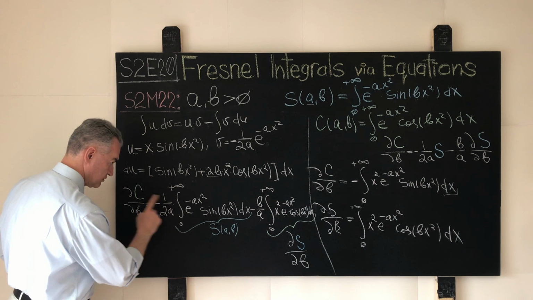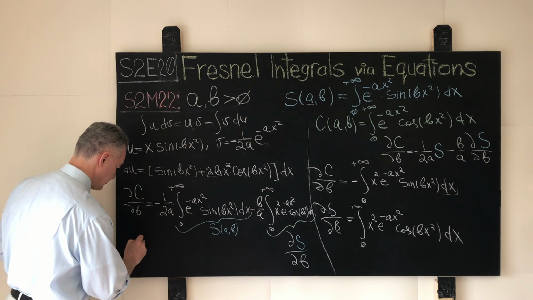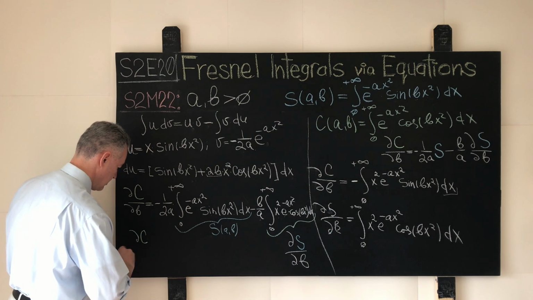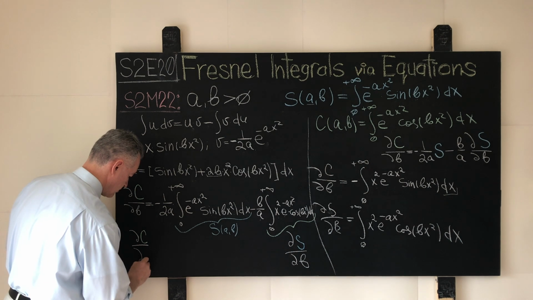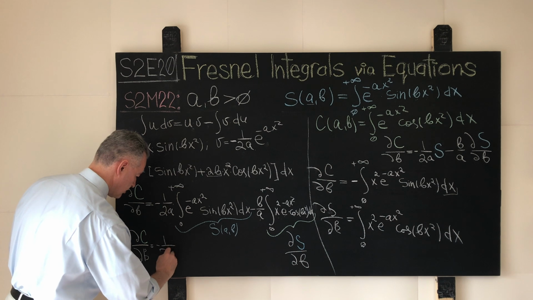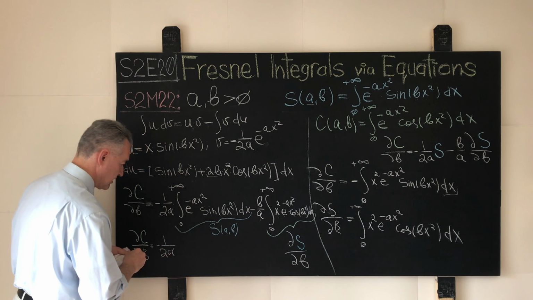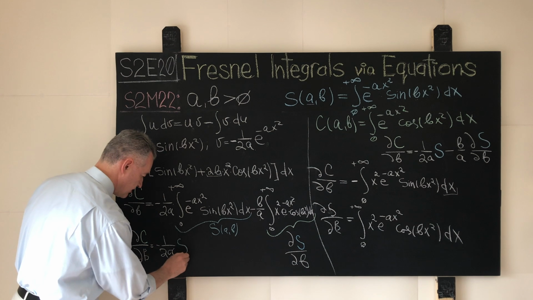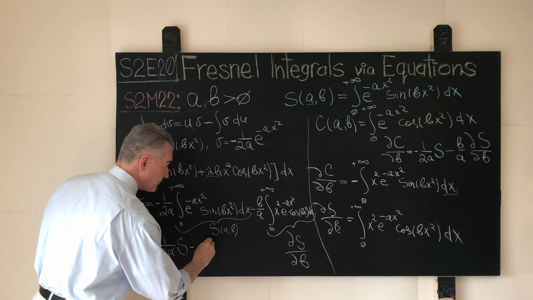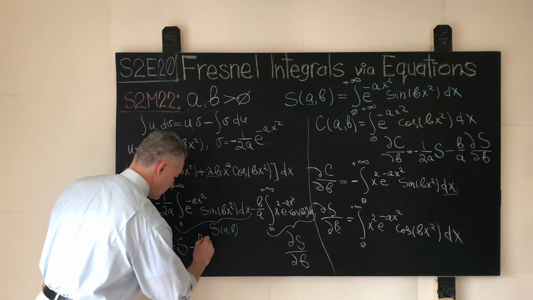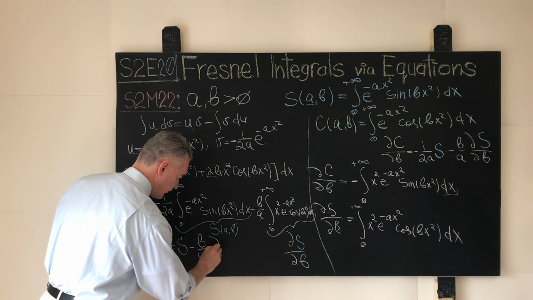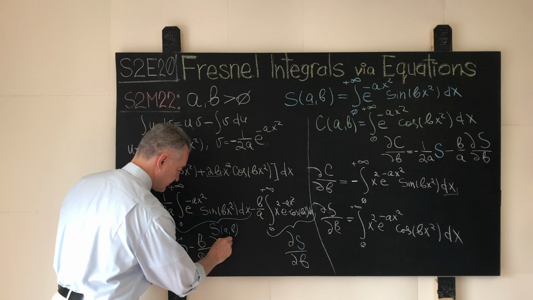So the result that we obtain over here is the first partial derivative of c with respect to the variable b will be negative 1 over 2a times s, this guy, minus b over a times the first partial derivative of s.